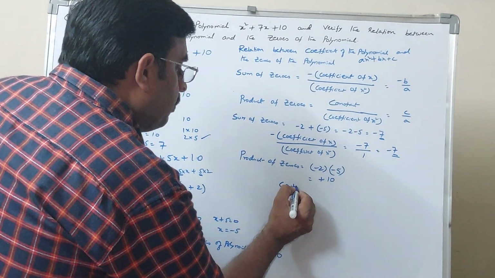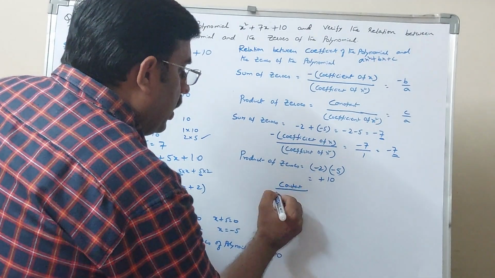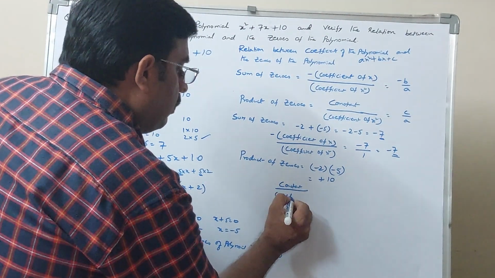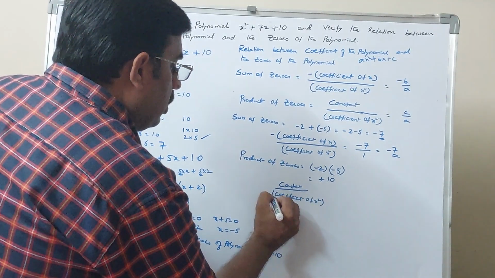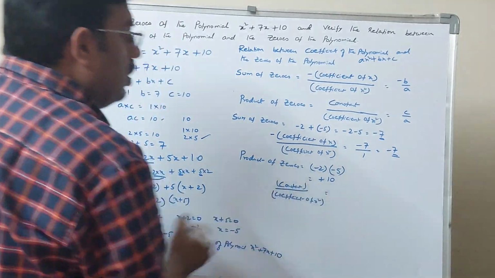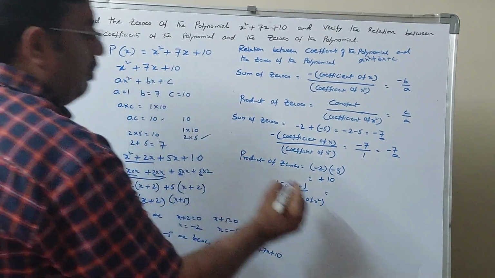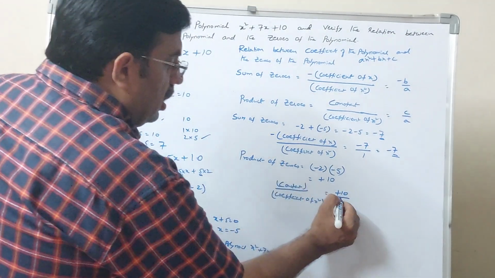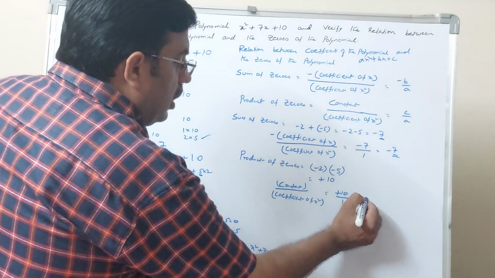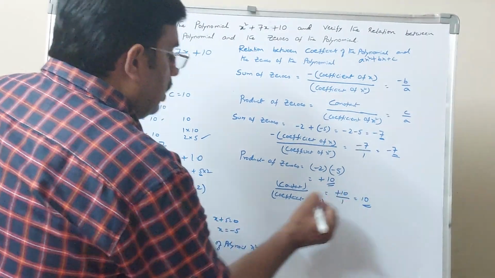Constant by coefficient of x square is equal to, how much? Constant is plus 10 by coefficient of x square is 1, that is equal to 10. So these two are equal.